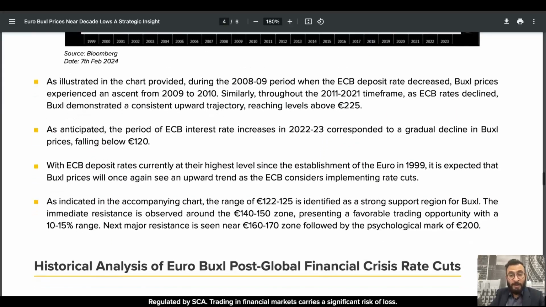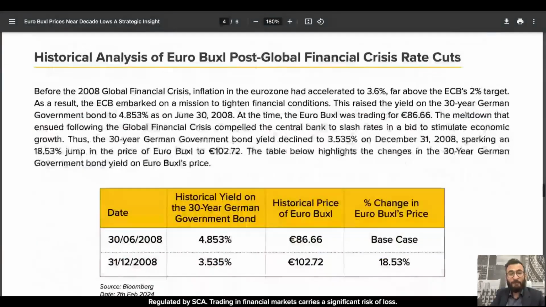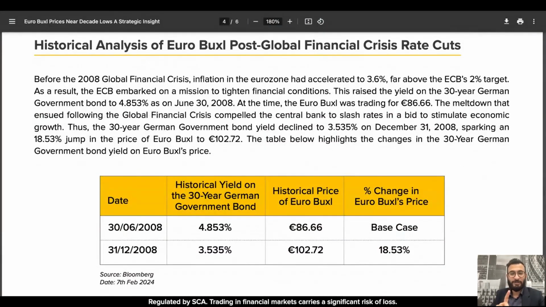Another important part, let's see what happened in the financial crisis. It has happened before. In 2008, during the month of June, the German government bond yields were around 4.8%. When the recession hit, it was only natural for the European Central Bank to reduce interest rates, because the recession came in.